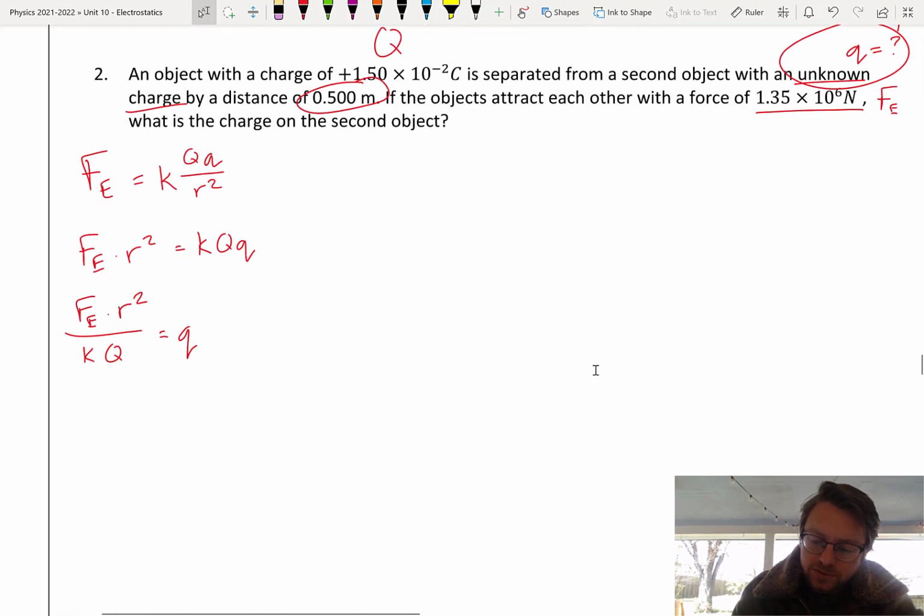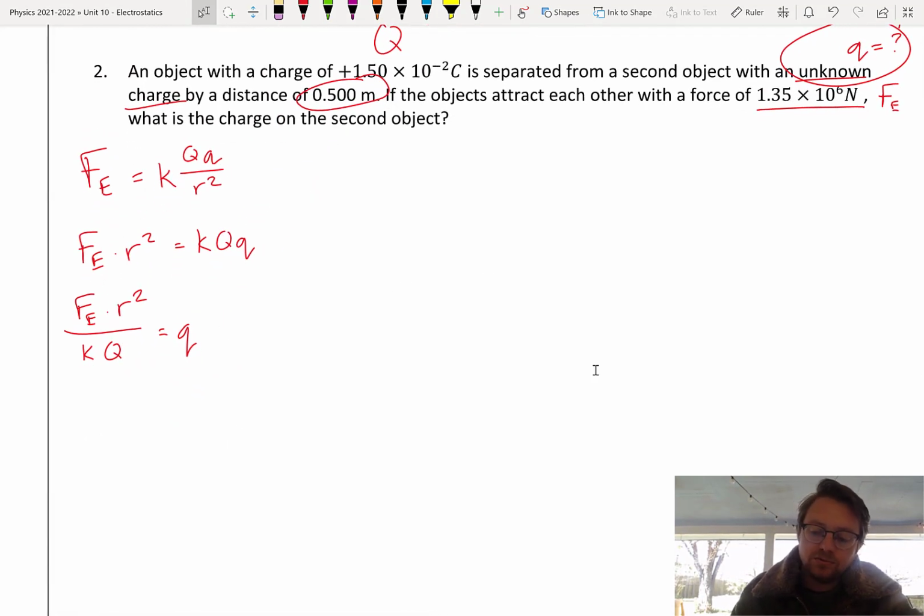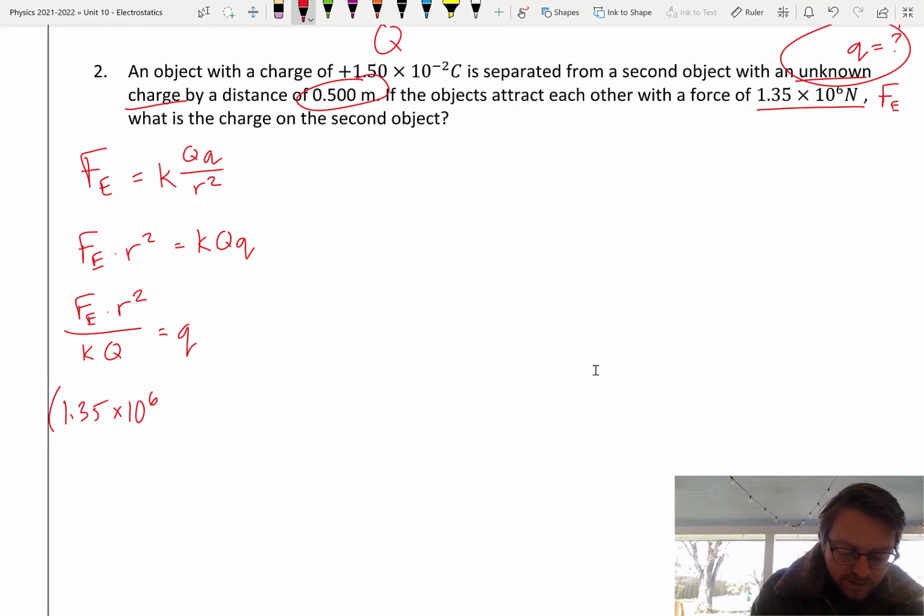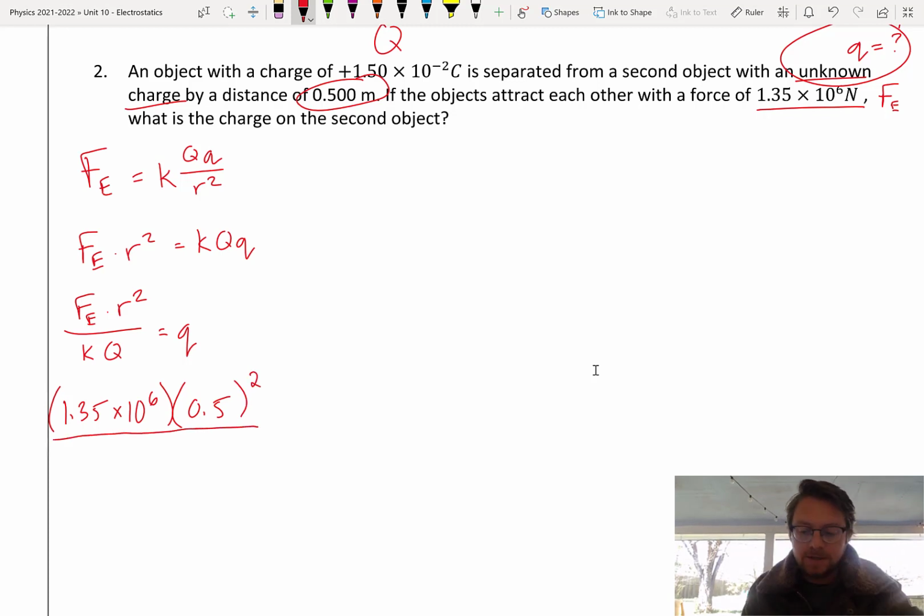That electrostatic force at the top right of the screen, 1.35 times 10 to the 6. R squared, don't forget to square it. I got 0.5 meters squared. We want all this in base units, so that means we should have our force in newtons, and we should have our R value, the distance, in meters.